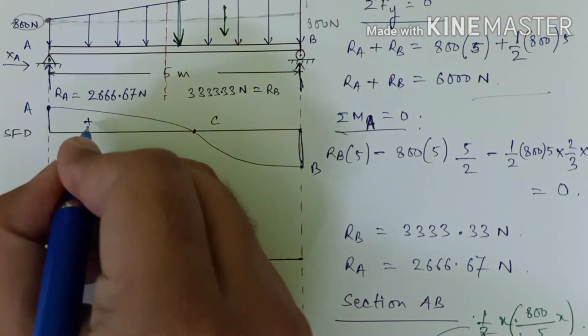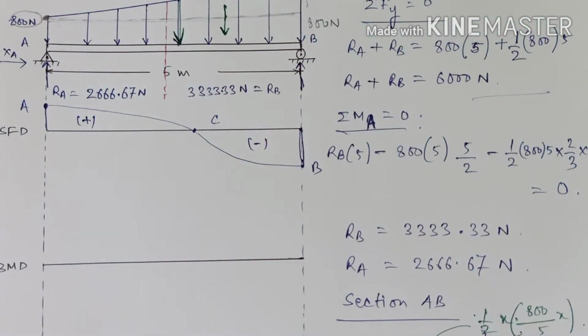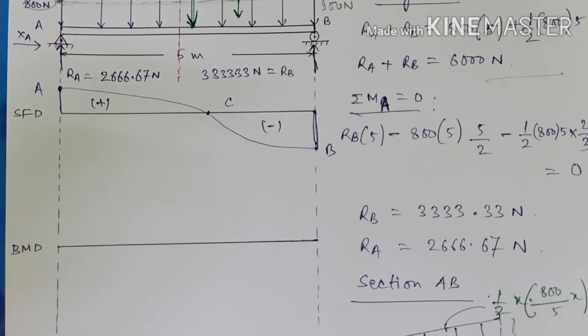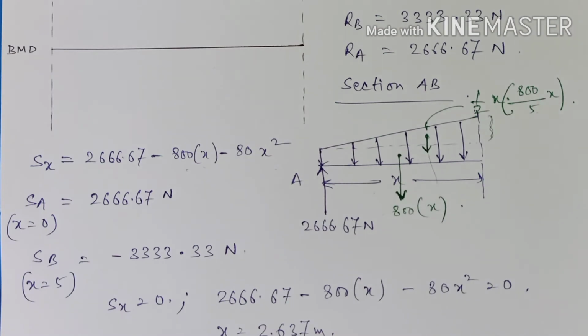So this is positive and this is negative. After this shear force diagram, let us try to frame the bending moment diagram for this particular section.